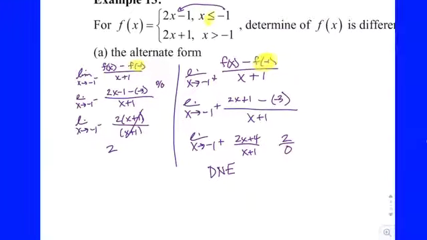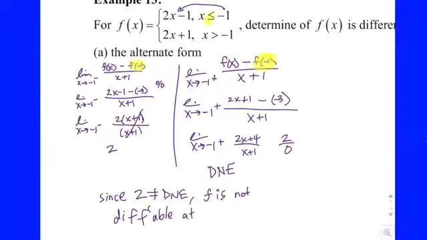No, they have to both be finite and they have to both be the same. And I'll just say, how about this? Since 2 does not equal DNE, that's kind of silly. But one of them exists and the other one doesn't. Comma, f is not differentiable at x equals negative 1.